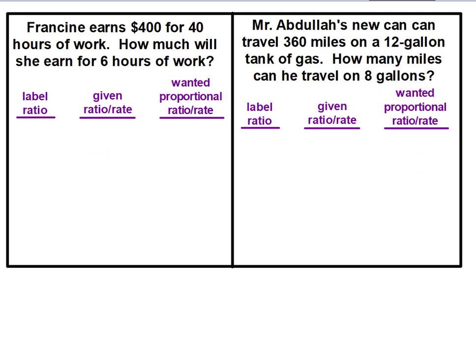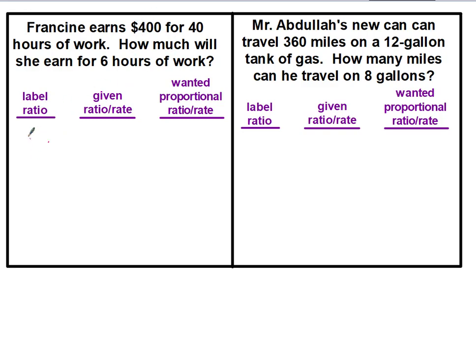Francine earned $400 for 40 hours of work. How much will she earn for 6 hours of work? So when working with proportions, we're going to include the label ratios. And in any homework, any assignment, any test that you guys take, Miss Lee and I and Miss Aguilar are going to be looking for the label ratio.